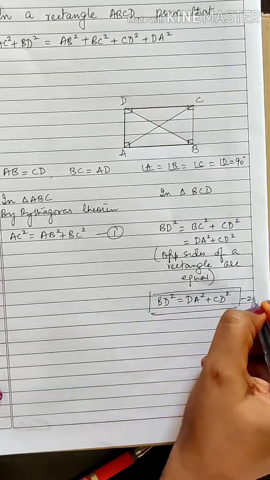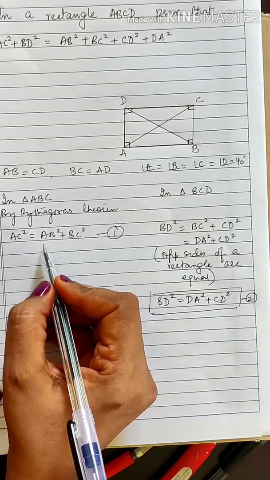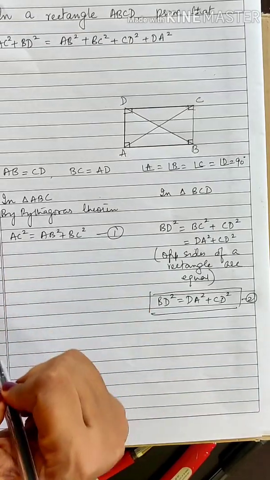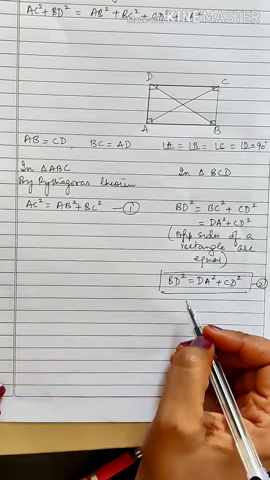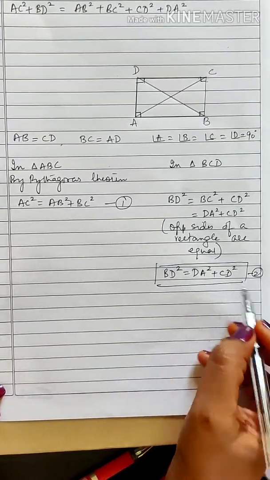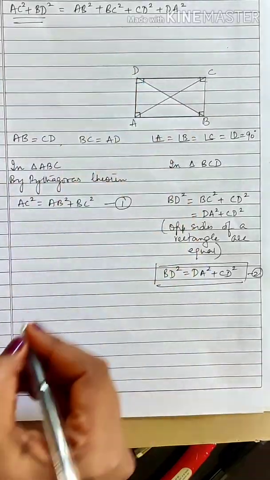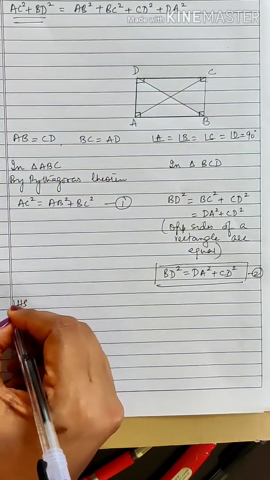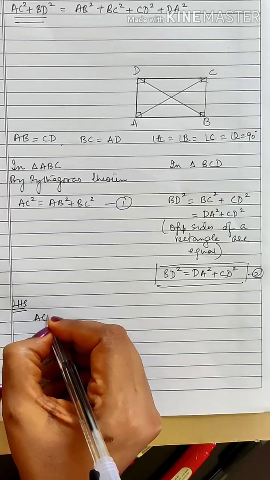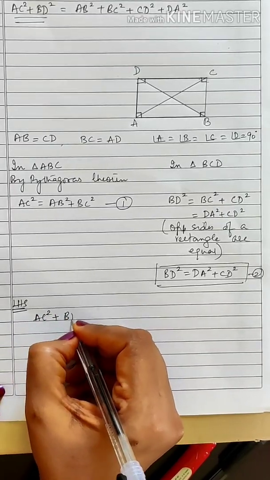So you get two equations. One is AC square is equal to AB square plus BC square, and the next one is BD square is equal to DA square plus CD square. Now you want the left hand side of the proof, AC square plus BD square.